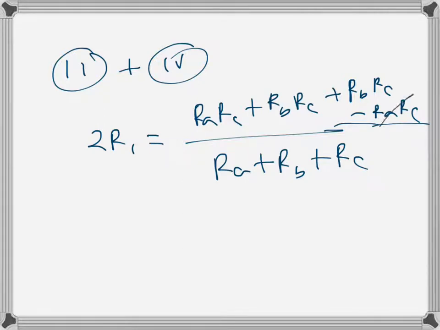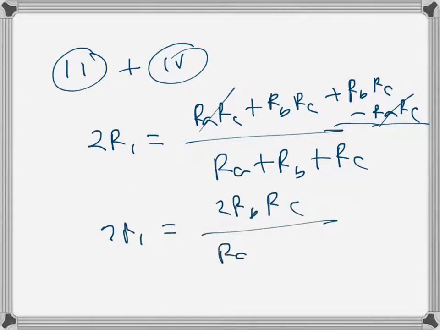So these two get cancelled, and we have 2 here, and we get 2 RBRC on the other side. So 2R1 here and 2 RBRC, and this is RA plus RB plus RC. So I can get rid of the 2 here. So what we are getting is R1 equals RB times RC divided by RA plus RB plus RC.